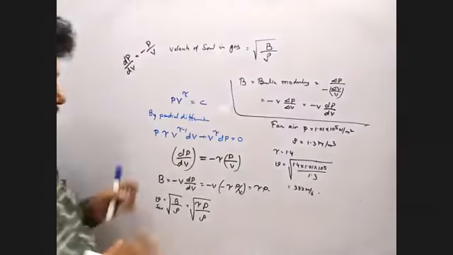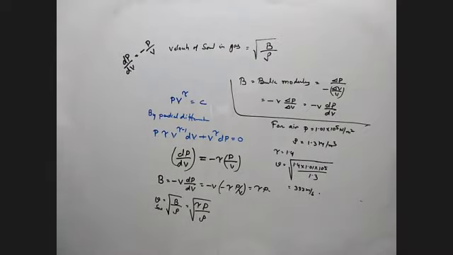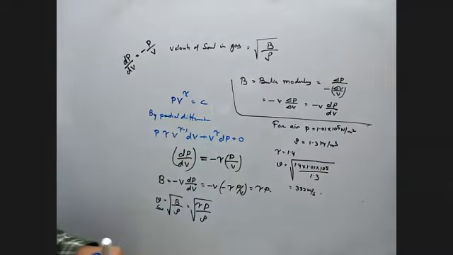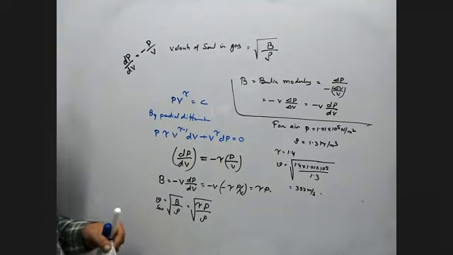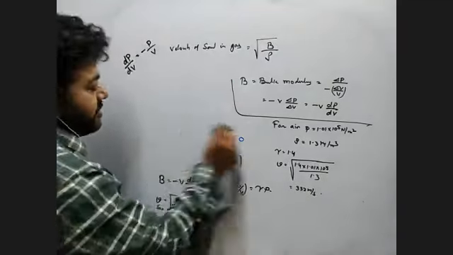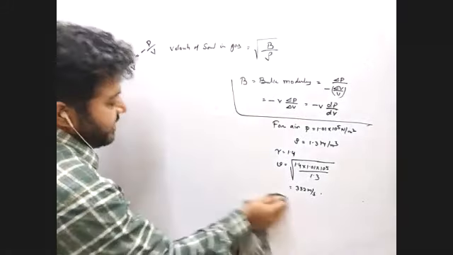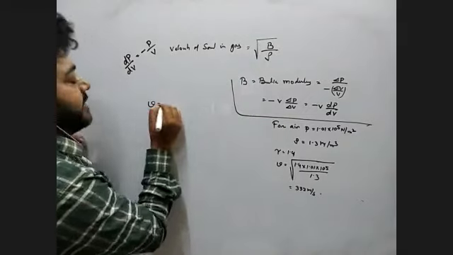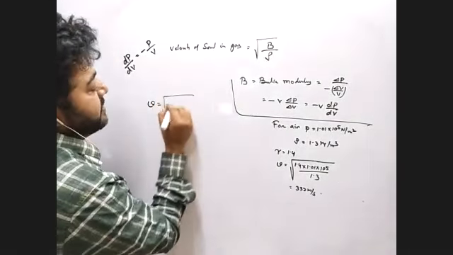So you understand, that's why Laplace modified this, and this is the actual formula of velocity of sound. Is it clear? This derivation is very, very important, and with respect to this derivation, one numerical is also asked. Next we will discuss in the next class.